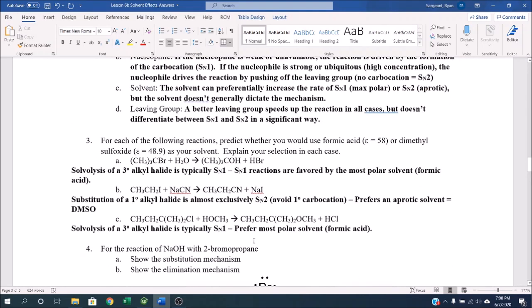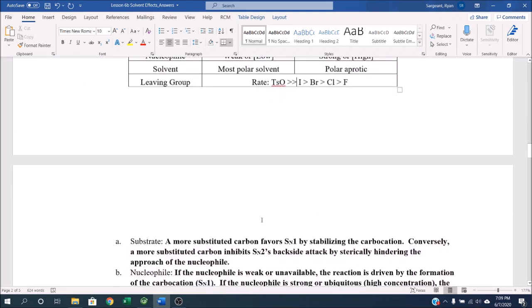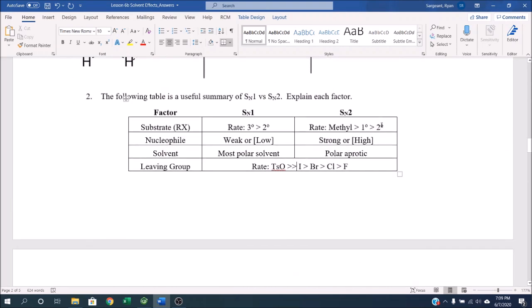Okay, let's now look at the reaction of sodium hydroxide with 2-bromopropane. And let's go back to our table here, this one. 2-bromopropane is a secondary alkyl halide, and that means the fact that it's secondary doesn't really distinguish very clearly between whether it's SN1 or SN2.